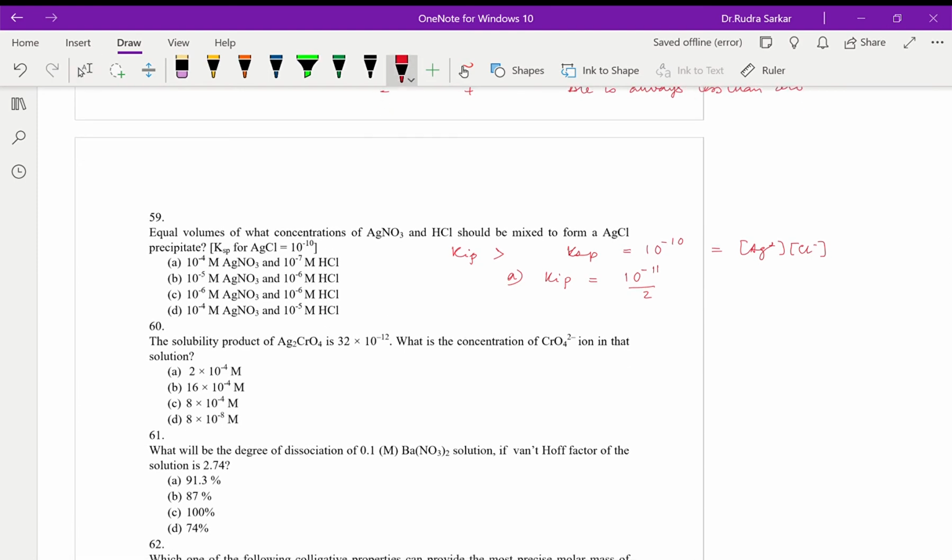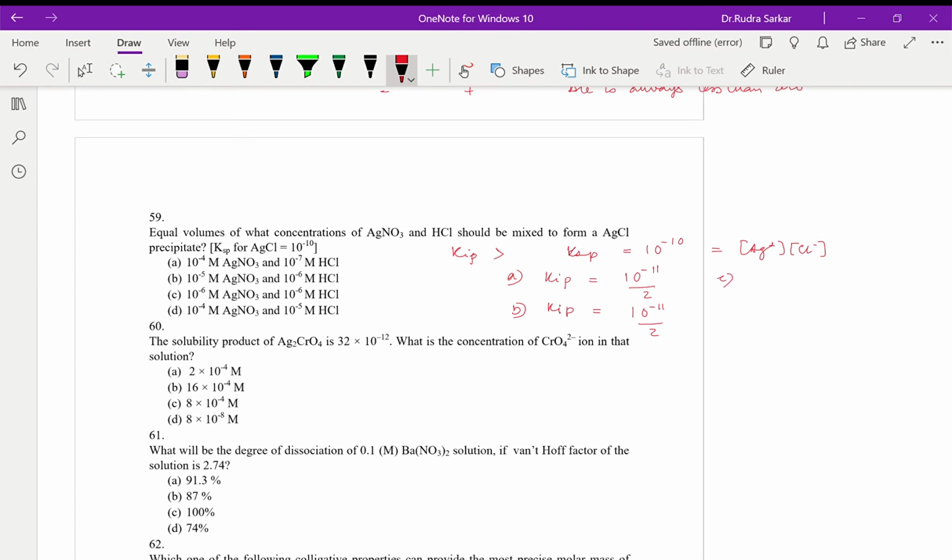So we will say no precipitation will occur over here. For B, Kip is again 10 to the power minus 11 by 2.